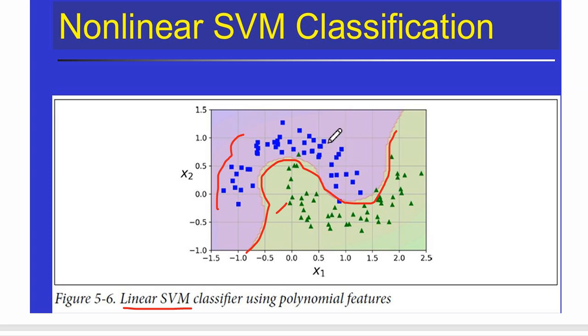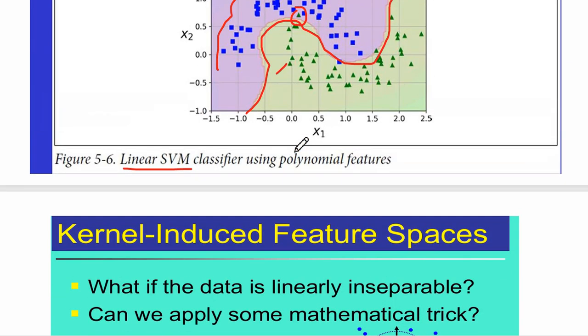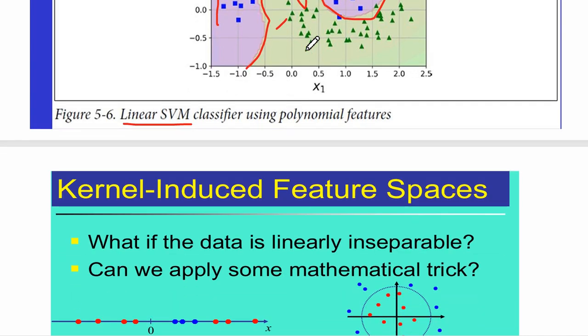But in the blue class region we have one green class point also. If you want to classify that point also, by increasing the degree we may convert this point to this area, maybe by increasing the degree or by increasing the value of C. Later we will see.